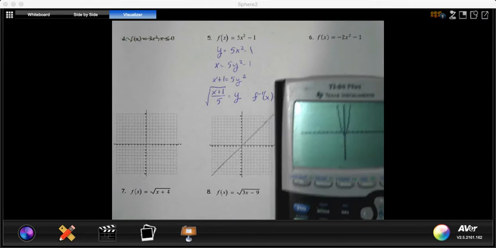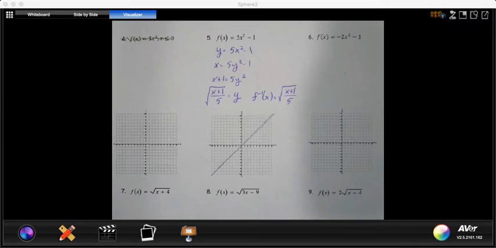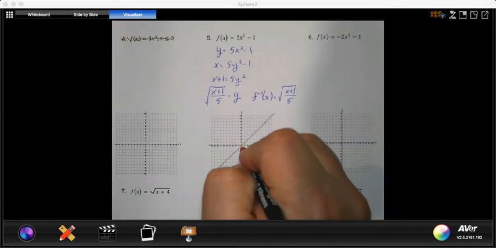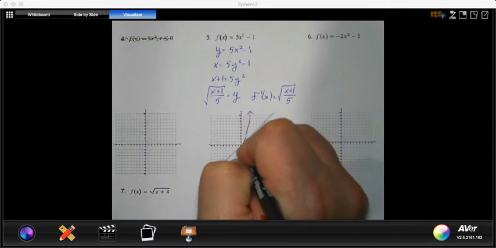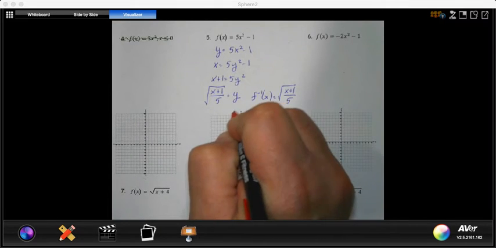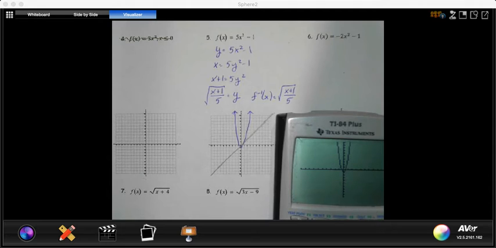So it looks like I've got a parabola that starts at -1 down here, and then it's kind of skinny. So down here at -1, little skinny parabola there.